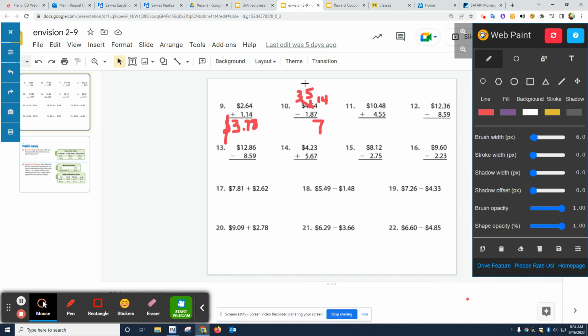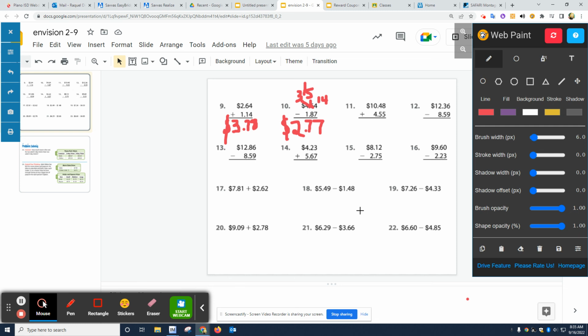So I change that to a 3. This becomes 15. 15 minus 8 is 7. I place my decimal point. 3 minus 1 is 2. So in this case, the answer is $2.77.